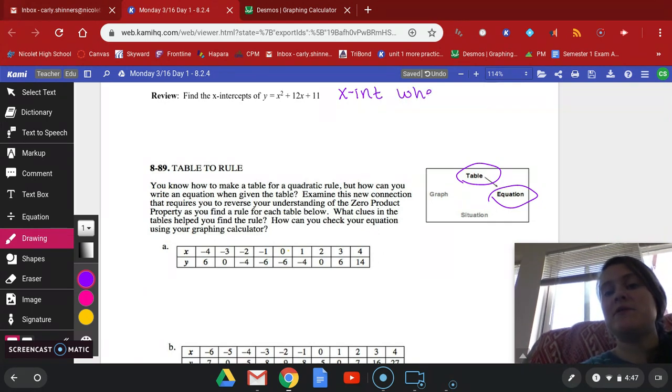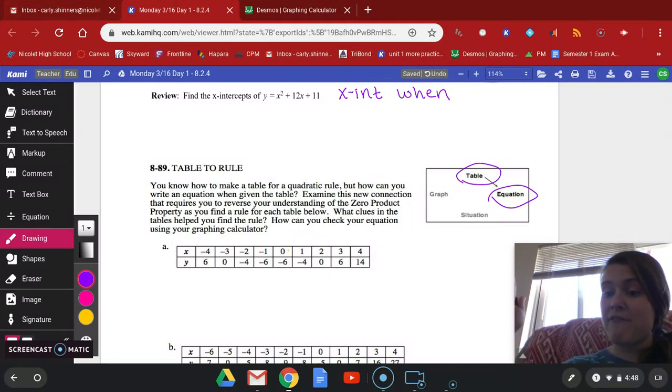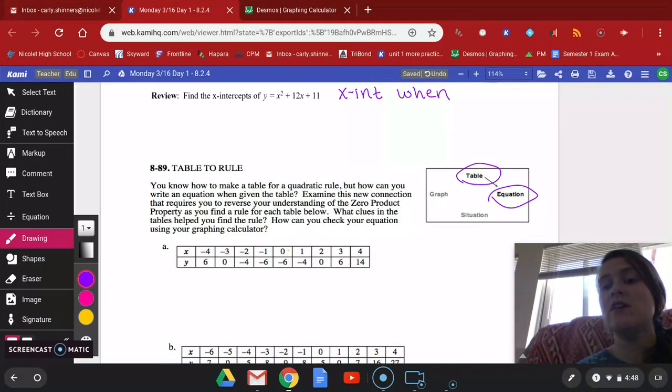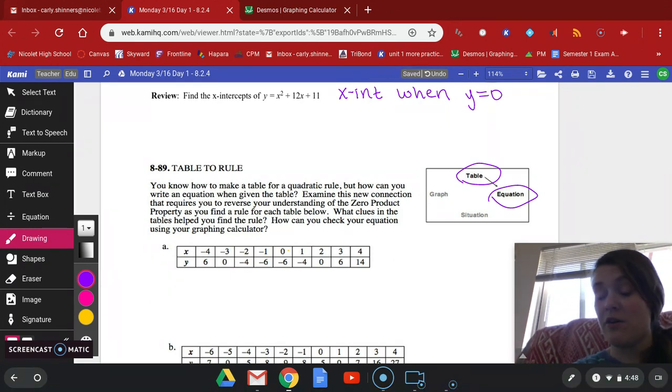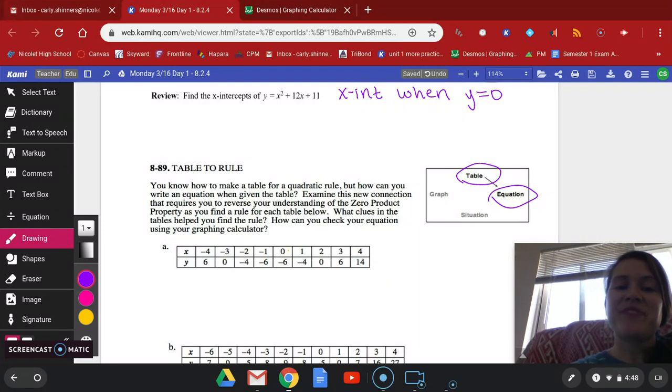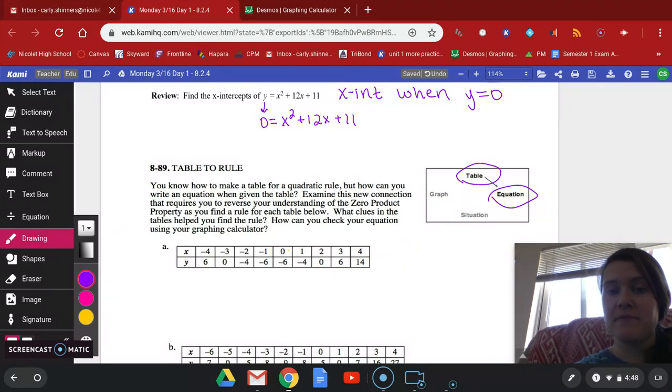The x-intercepts, reminder, occur along the x-axis when your graph intercepts that x-axis, which is when y equals 0, when there's no y value. Well, when y equals 0, that is a value. So to find the x-intercepts, I am going to set y equal to 0 because that's the y value that gives me an x-intercept.